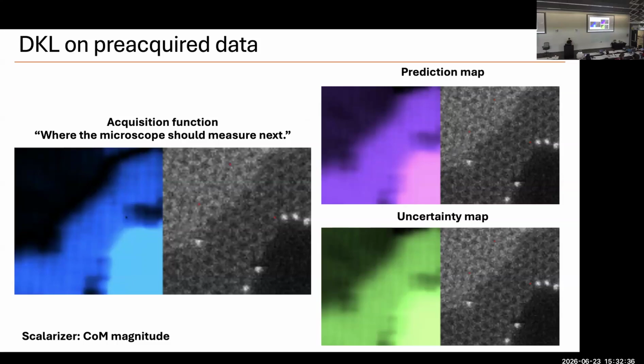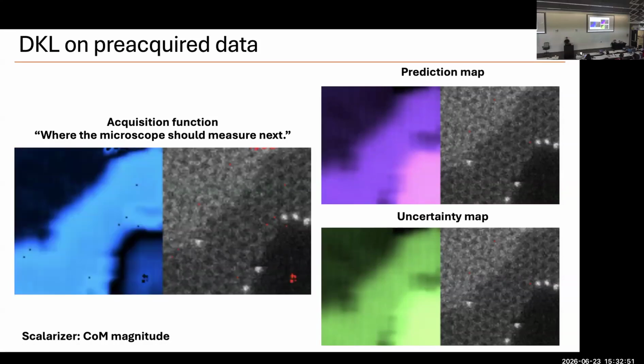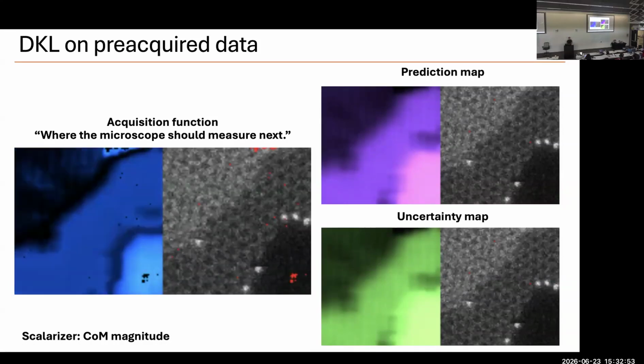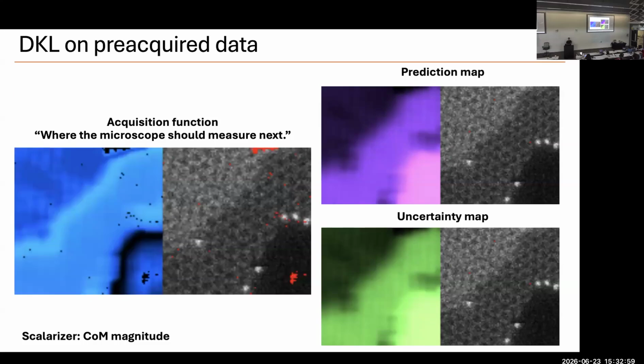On the left, we're showing the acquisition function. In other words, where the microscope should measure next, and that's based on the prediction map and the uncertainty map on the right. I'll hit play, and we can see how this changes from acquisition to acquisition. Each time the microscope is acquiring one piece of data, taking some physical measurement, like I said, local electric field, and then using the uncertainty on that measurement to determine the next measurement location.